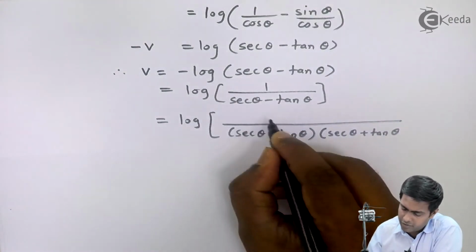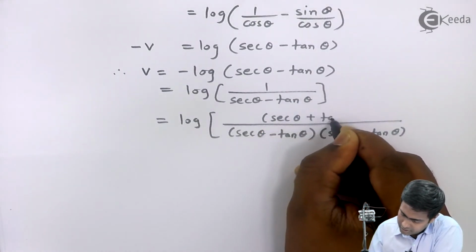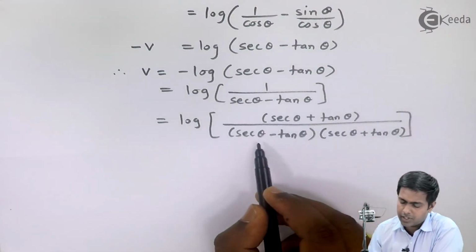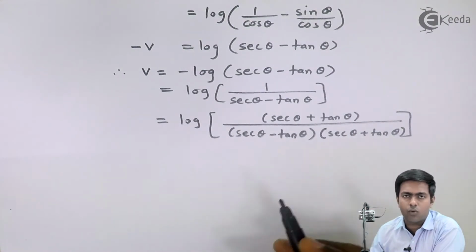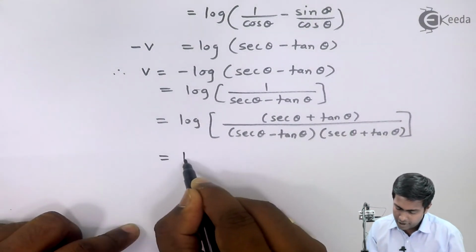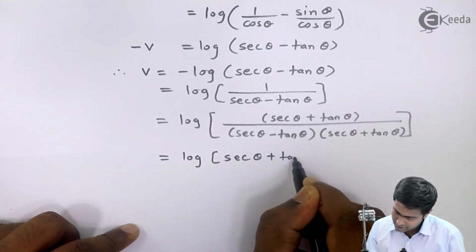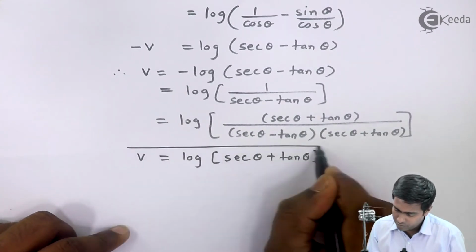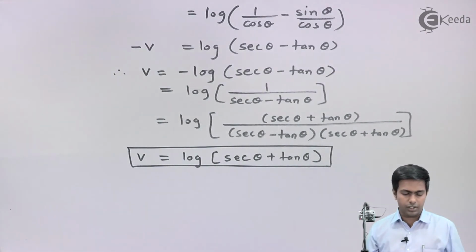Similarly, in the numerator we will get sec theta plus tan theta. Now this denominator will become sec square theta minus tan square theta, and the value of which is equal to 1. So finally we got log of sec theta plus tan theta, and this is the required value of v. So we have proved the first result.